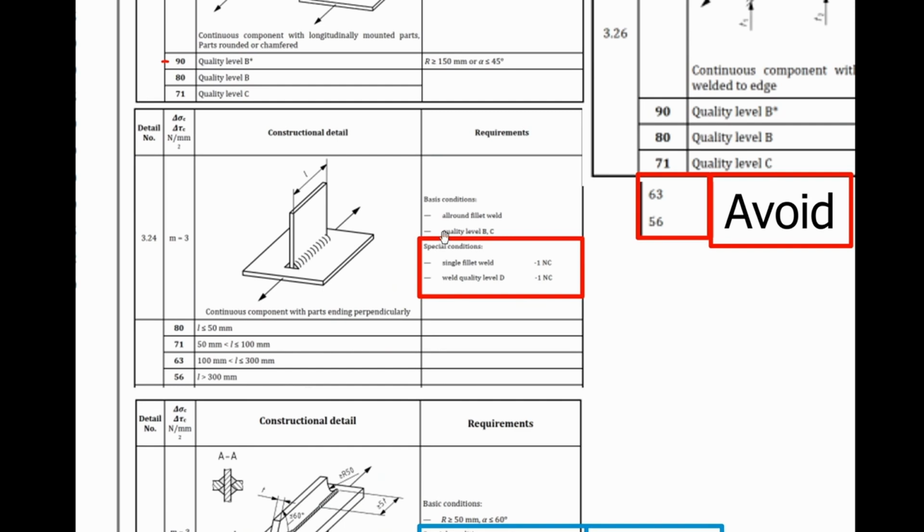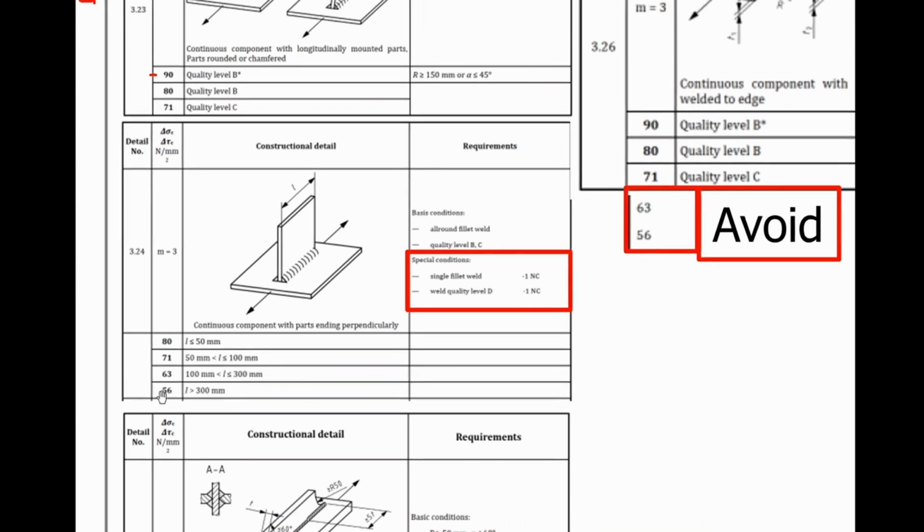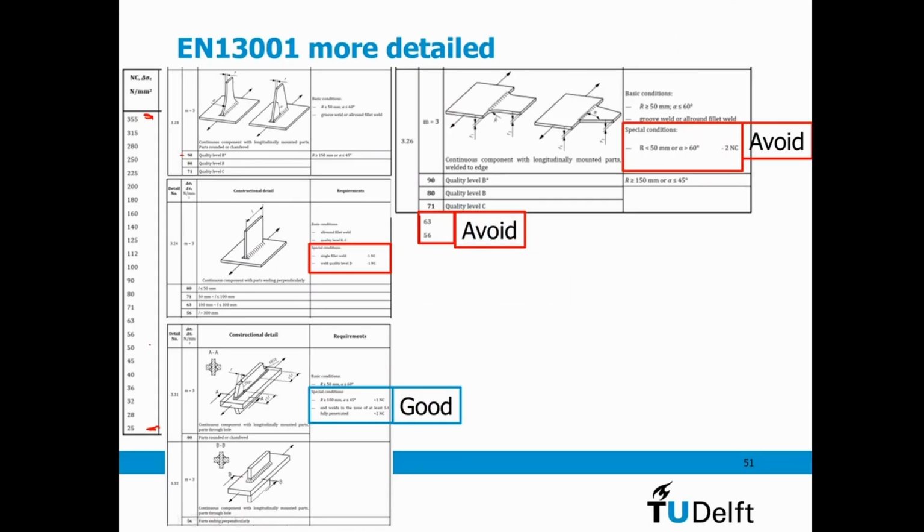So if you are already in, let's say, one of these lower ones, I have 56 megapascal allowable stress for 2 million load cycles, and I need to go 2 classes down more, then I end up at 56, 2 classes down, then my stress variation is 40.